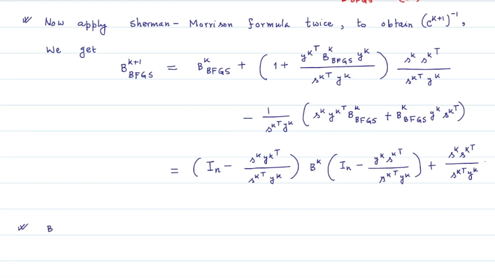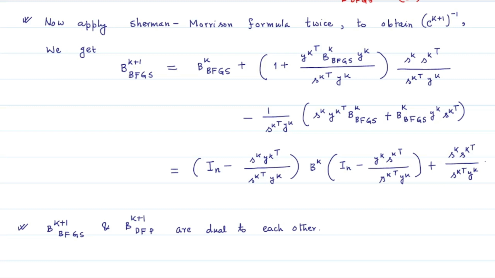Therefore this Bk plus 1 BFGS update formula and the Bk plus 1 DFP, these two update formulas are called the dual to each other. That means you just interchange the role of yk and sk to get these two update formulas, and thus they are called dual to each other.